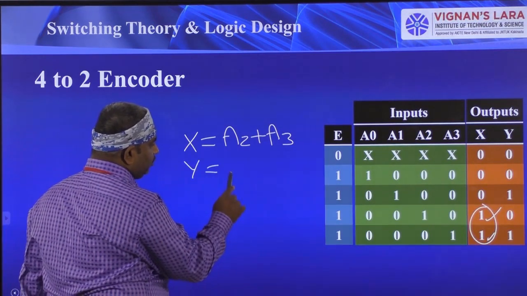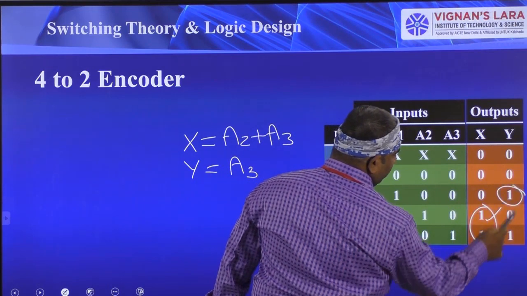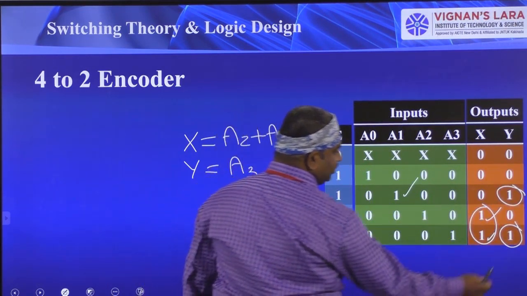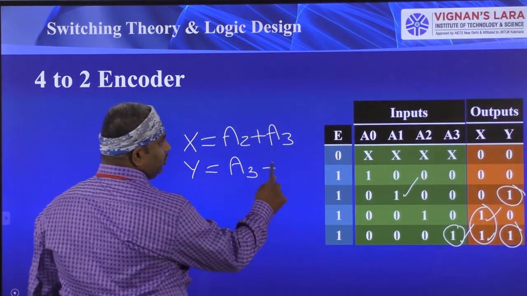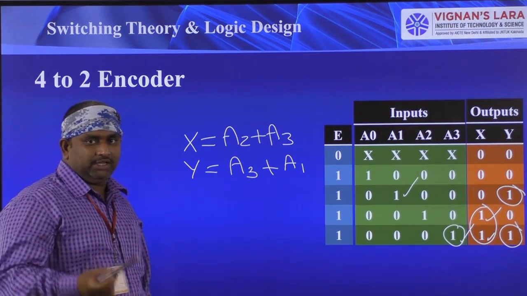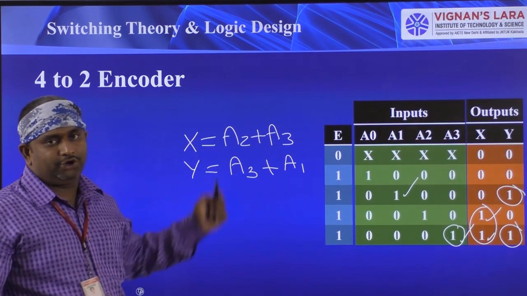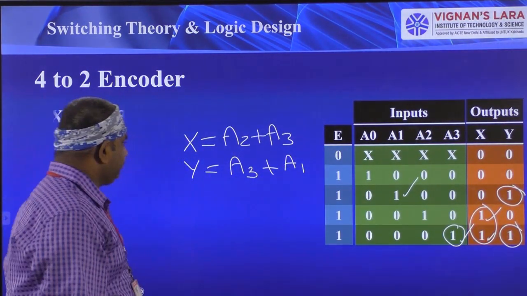And for Y, this is one combination and another combination. In one combination A1 is switched on, and in the other A3 is switched on. So Y is equal to A3 plus A1. So for the Y signal, A3 plus A1, and for the X signal, A2 plus A3. These are the 2 functionalities for X and Y.